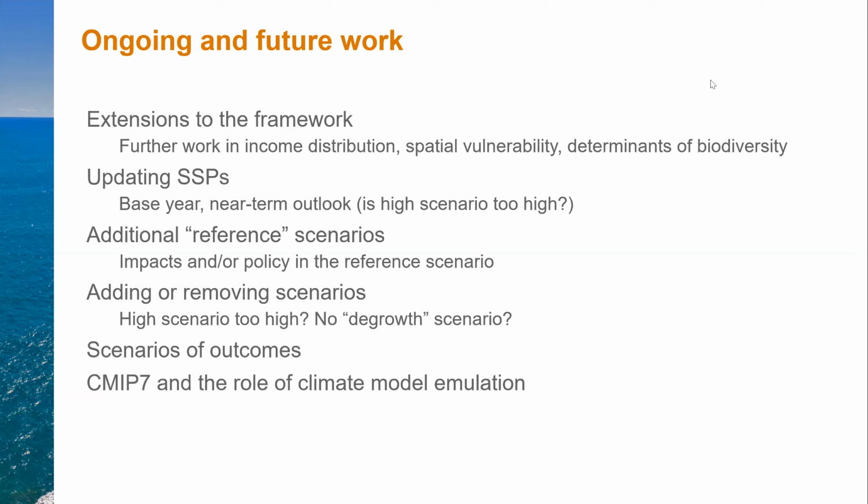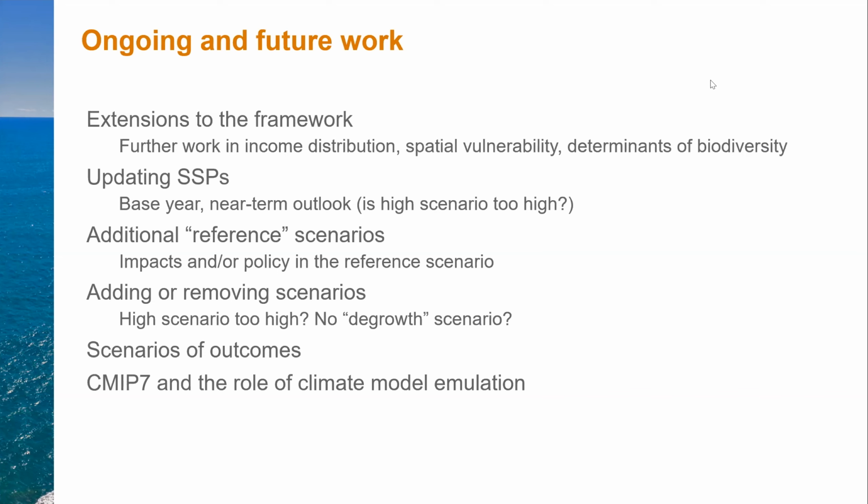One is that there is a continuing need to further extend this framework. There's ongoing work on doing better extensions of income distribution, of looking at spatial information beyond population, but also of characteristics of the human population, like their education, their age, their income spatially, to understand spatial vulnerability and where hotspots of vulnerability may be.